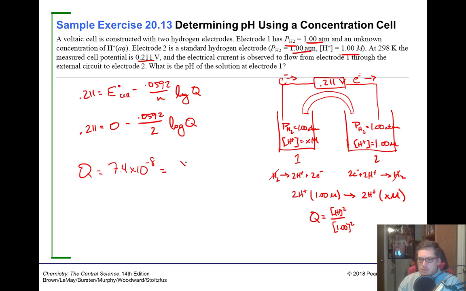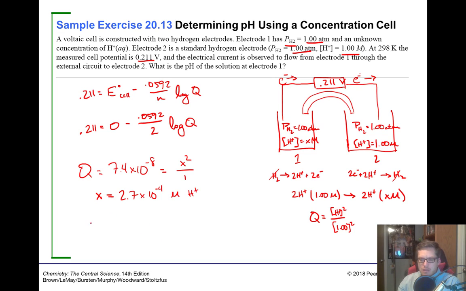So this is equal to x squared over 1. If we do that math, x is going to be equal to 2.7 times 10 to the minus 4th. So that's our concentration of H plus, molar.